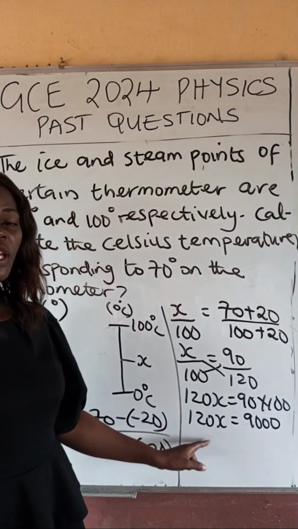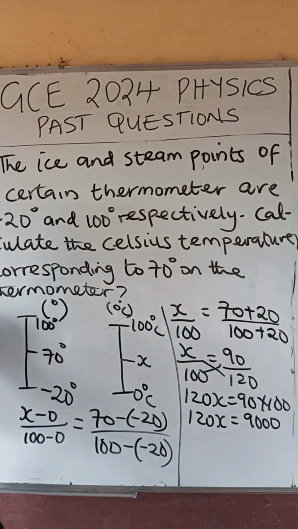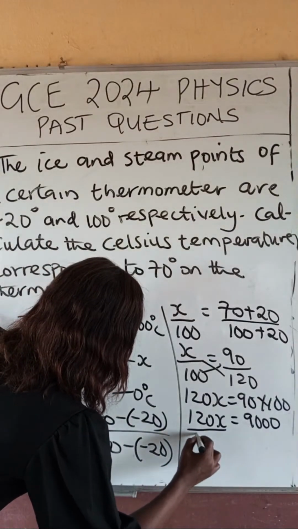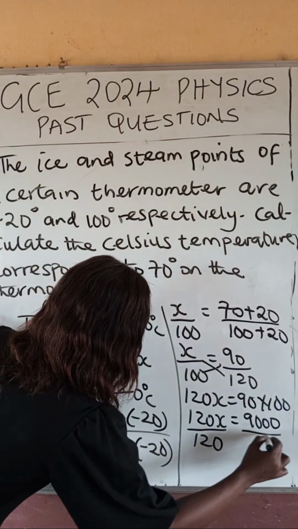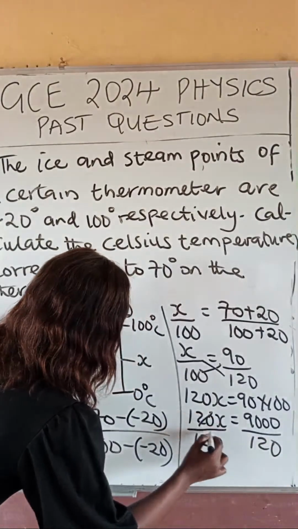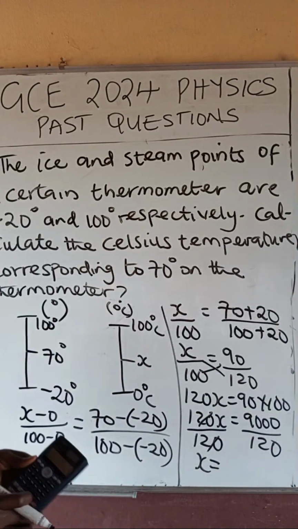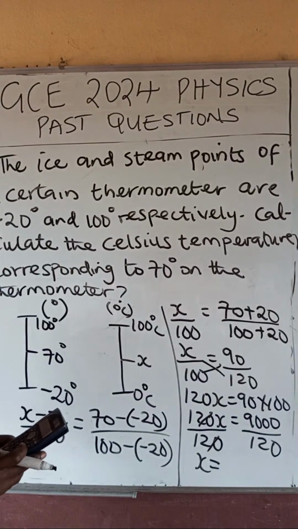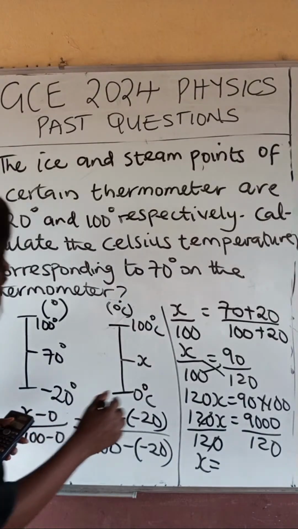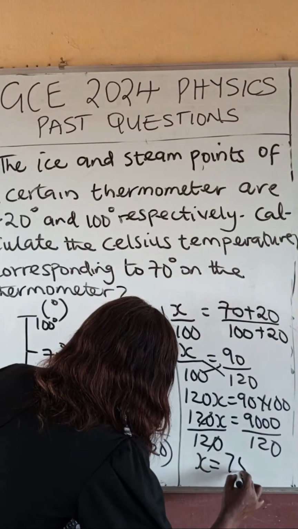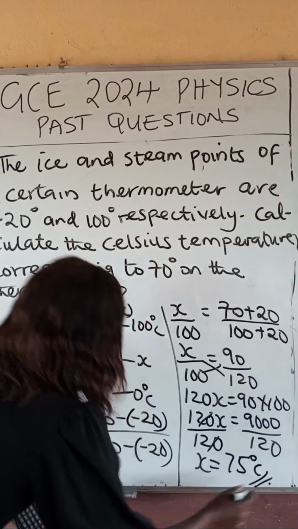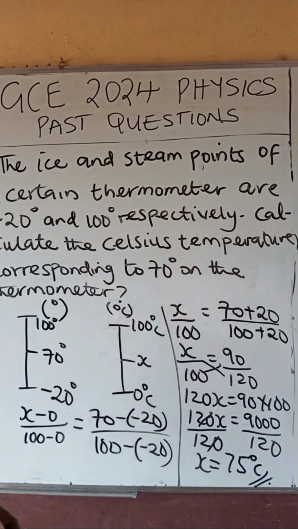Then I divide both sides by the coefficient of x, which is 120. This will cancel. Now my x, I will have 9,000 divided by 120. So my answer is 75 degrees what? Celsius. Is that clear?